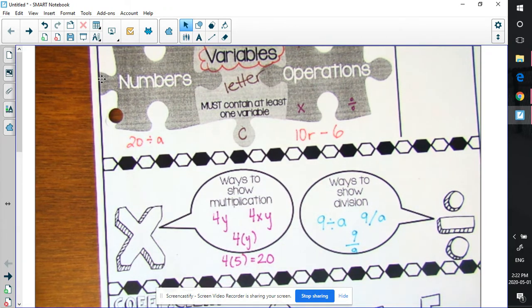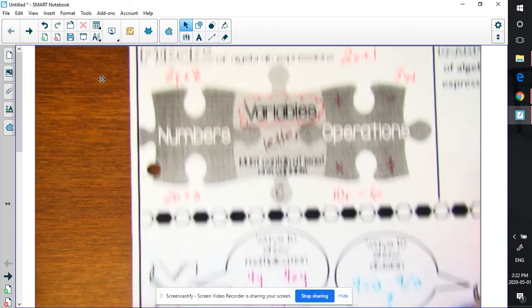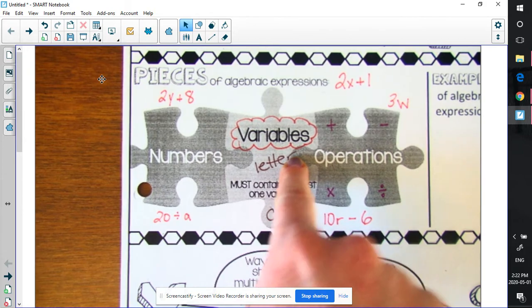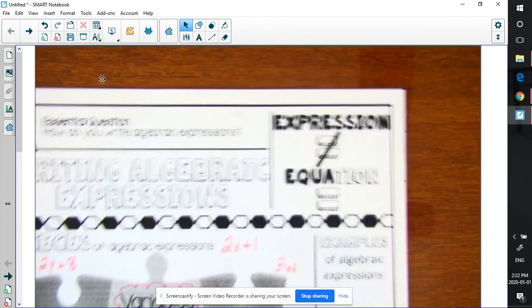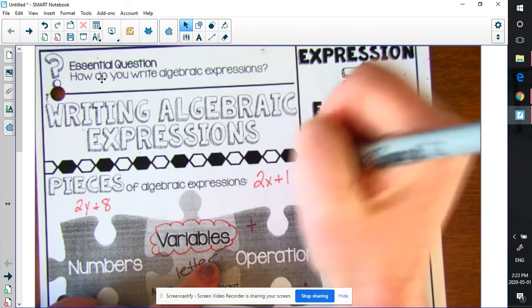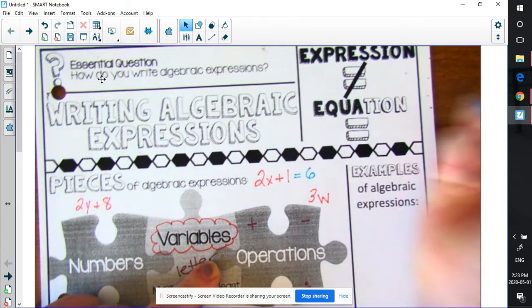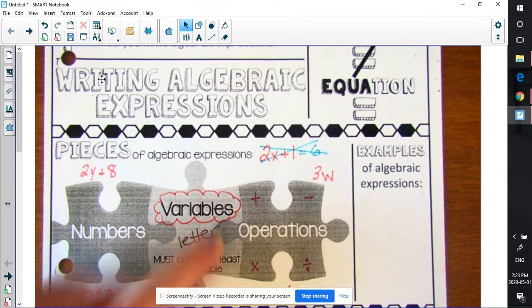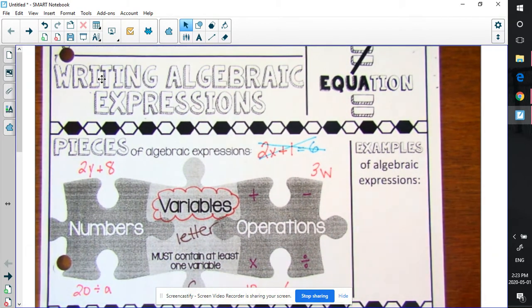All right, so in order for something to be an expression, it has to contain a number, a variable, and an operation, and it cannot have an equal sign. As soon as there is an equal sign, it is no longer an expression, and it is an equation. And equations we're going to talk about in a couple weeks, but they are different from expressions.